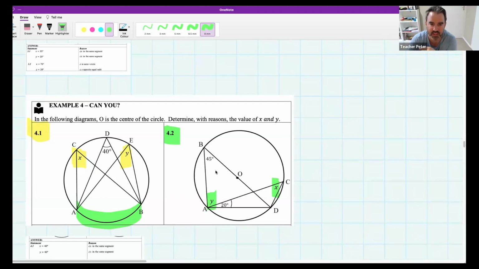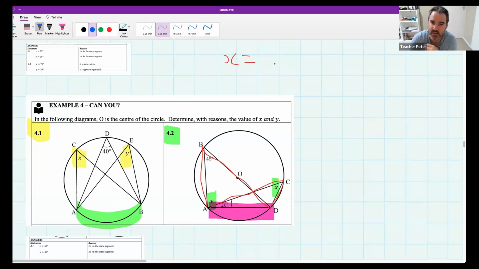So x and y, what is x going to be? It feels to me like x has to be 45, and that will be angles in the same segment.